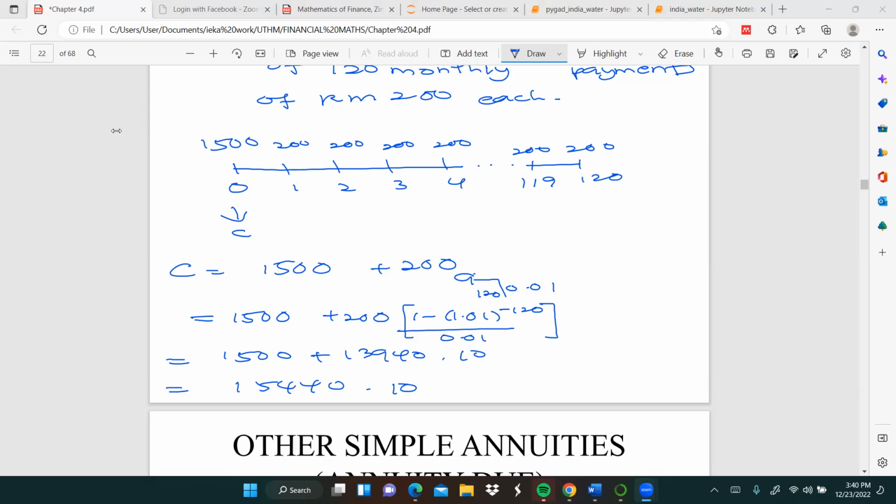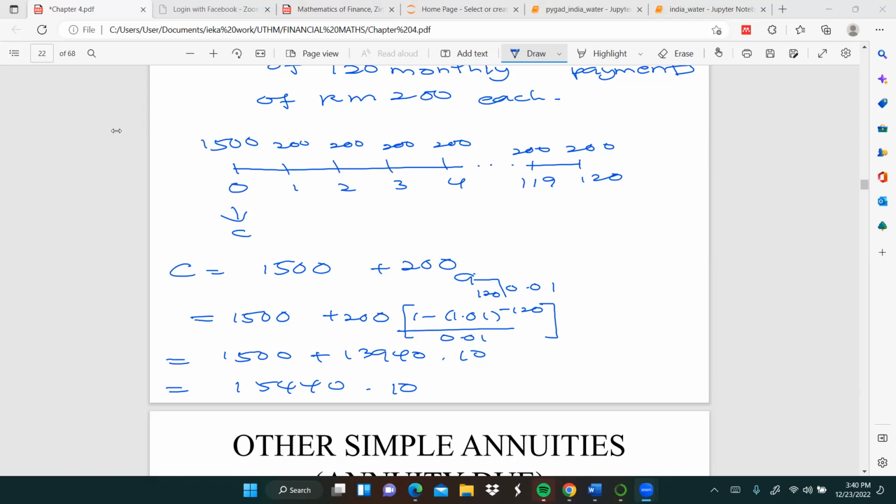So we need to use the formula X is equal to 200 times accumulated value S at angle 9, 0.01, which is 200 times 1.01 to the power of 9 minus 1 over 0.01.